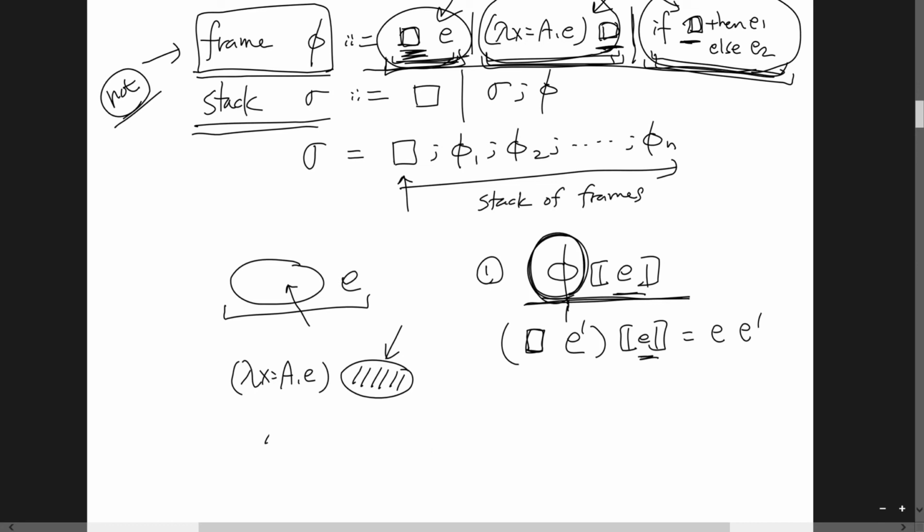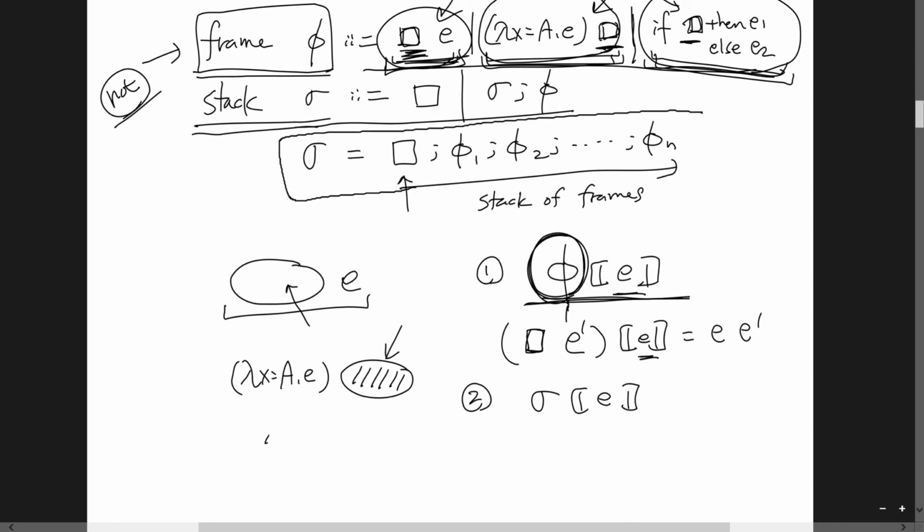Now let's generalize it to a stack sigma filled with expression E. If you expand this inductive definition, you obtain this equation.